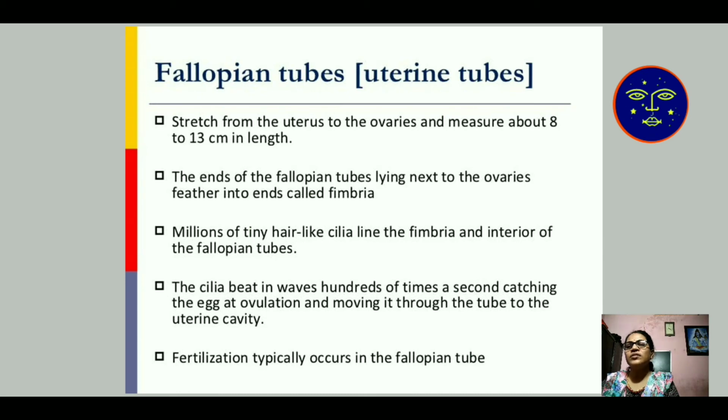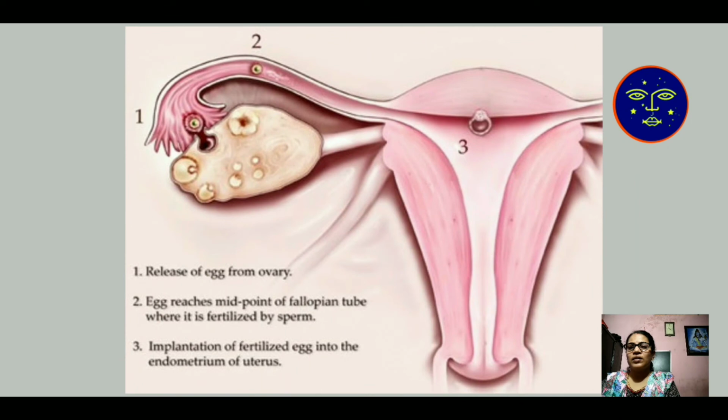Fertilization typically occurs inside the fallopian tube. This is the structure showing the release of the egg from the ovary, and after release it enters the fallopian tube. The fallopian tube has feathery structures, and in diagram number 2 the egg is inside the fallopian tube.